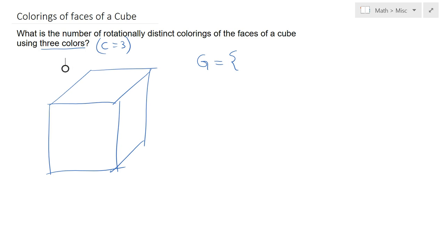Let's start. We first have the identity, then we have a bunch of others. First of all, because this shape is three-dimensional, we will only consider rotational symmetries. It wouldn't make sense to consider reflections, so only rotations.